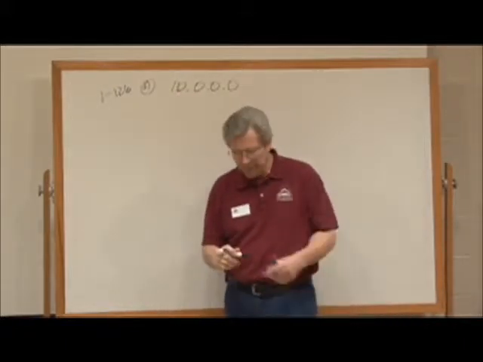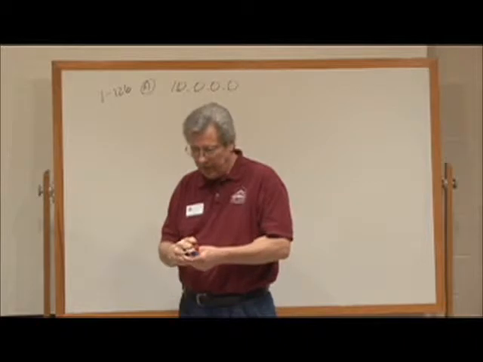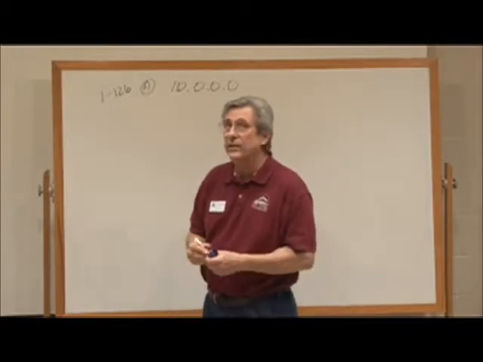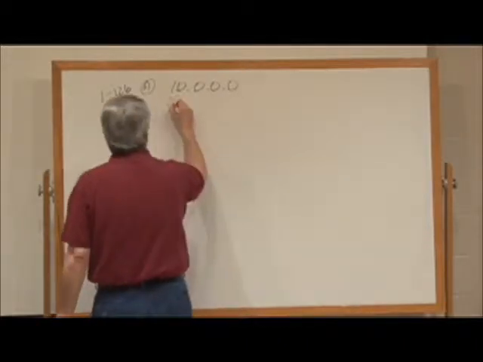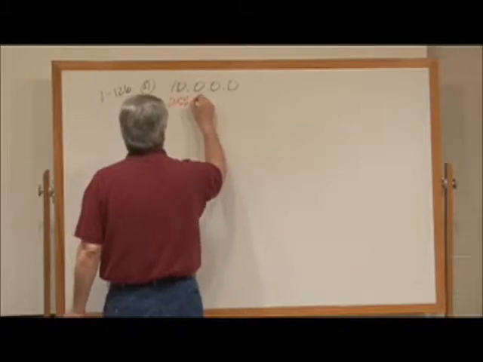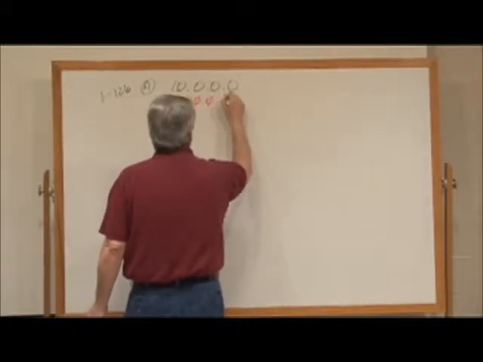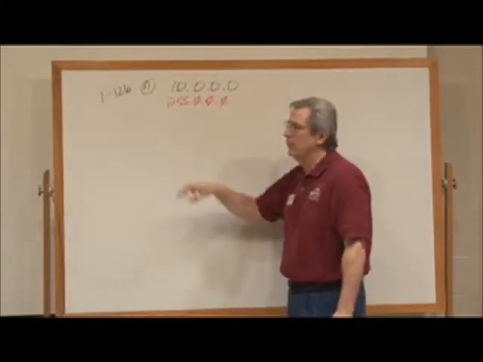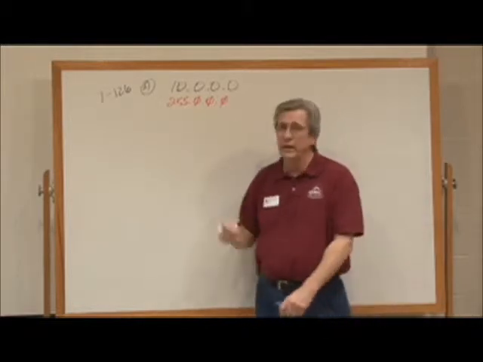What does that tell you? It tells you that your default subnet mask will look like this. I put slots in them because the red may not show up quite as well as the black does.